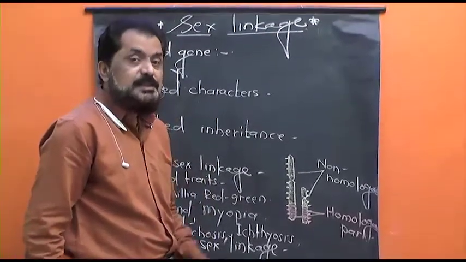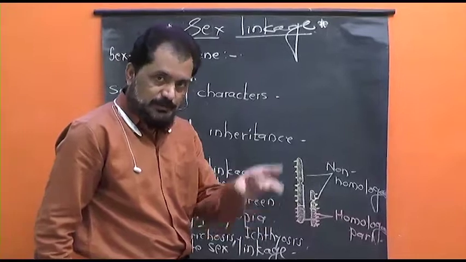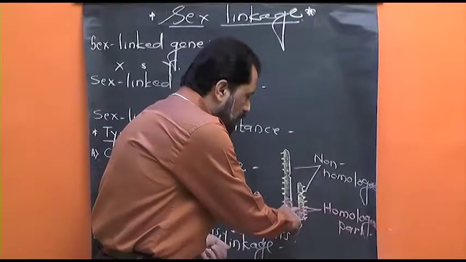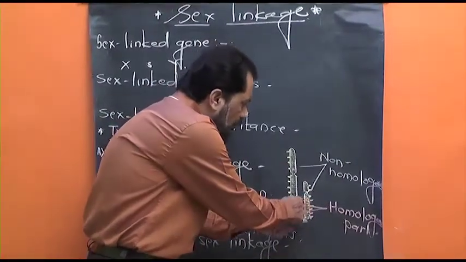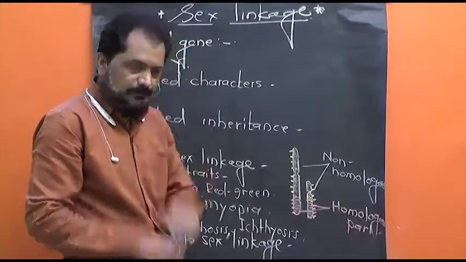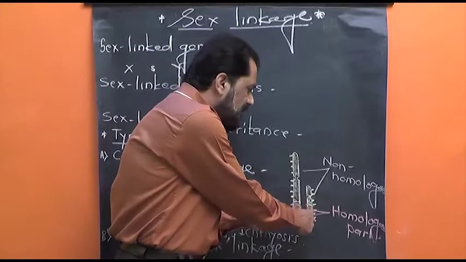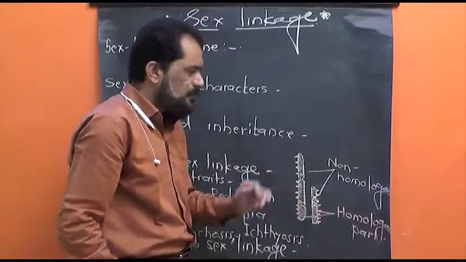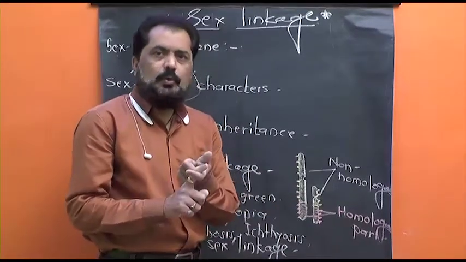They can be separated from each other because crossing over between the homologous parts of sex chromosomes is possible. या ठिकाणी X आणि Y क्रोमोझोमचे हे जे होमोलॉगस पार्ट्स आहेत त्यांच्यामध्ये क्रॉसिंग ओव्हर शक्य आहे.